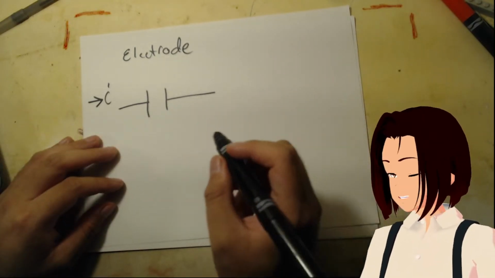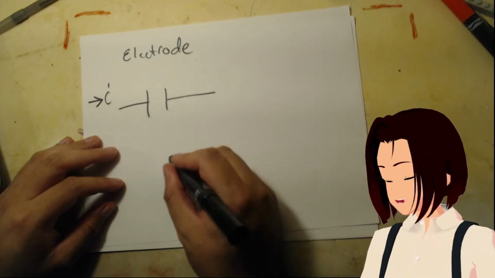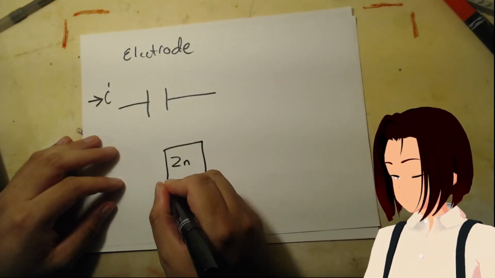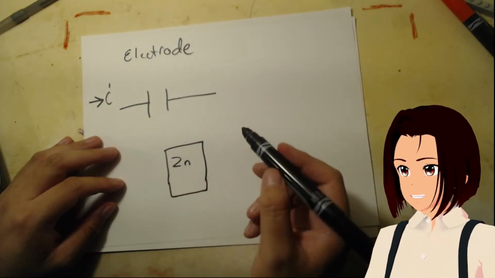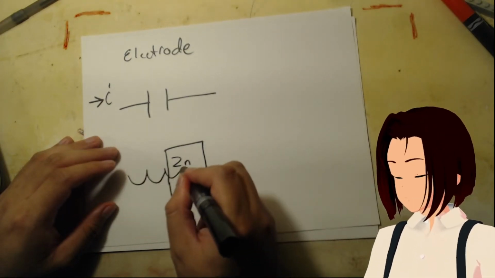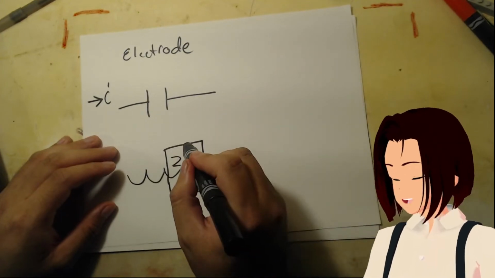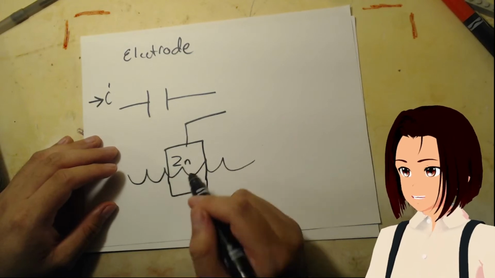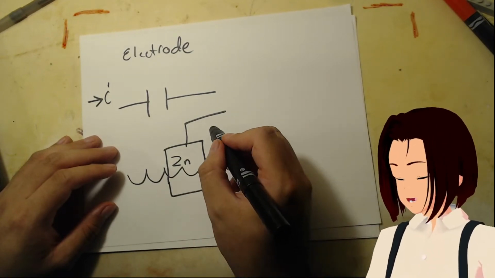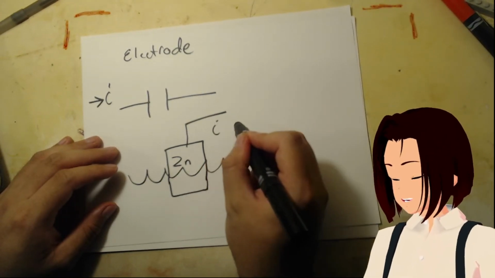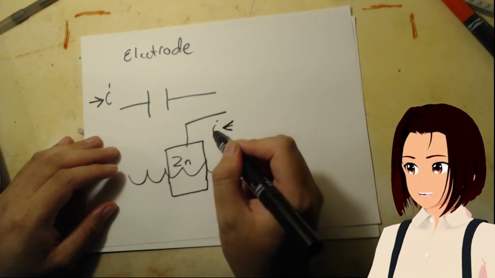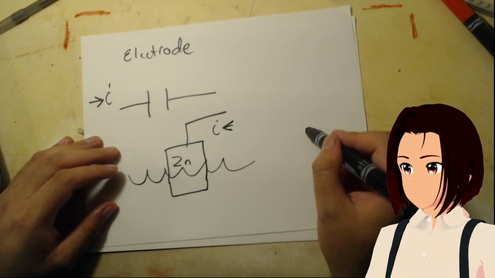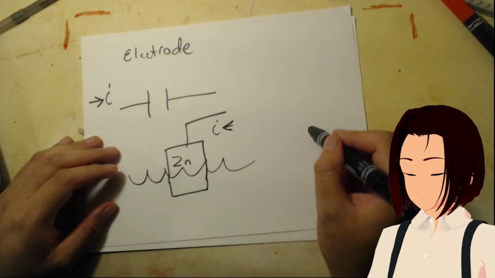An anode, let's say we have some zinc. We got some Zn, a zinc metal, in some liquid, and it's connected to something. What makes this an anode is essentially the flow of current going into it, and it's usually coming out of the cathode.